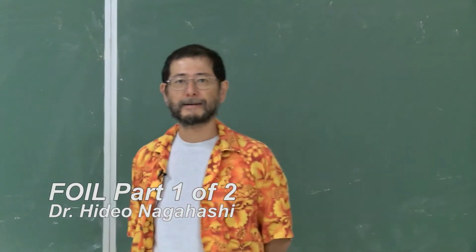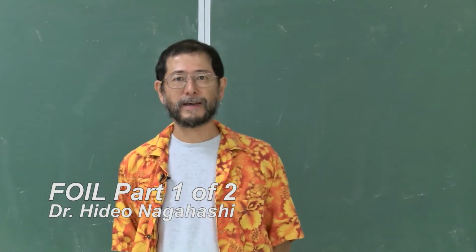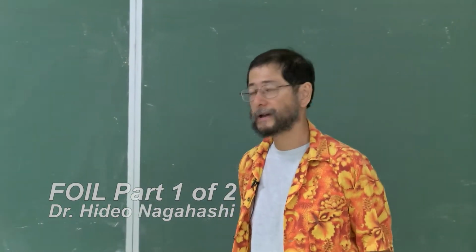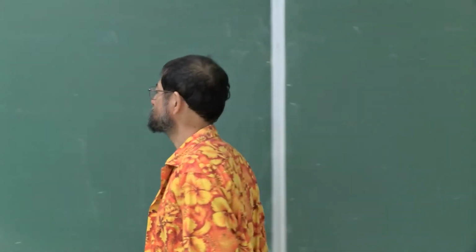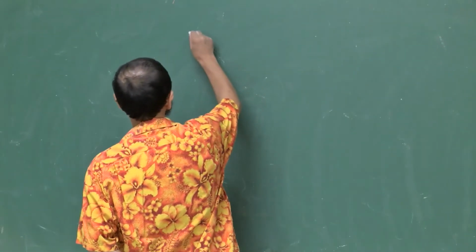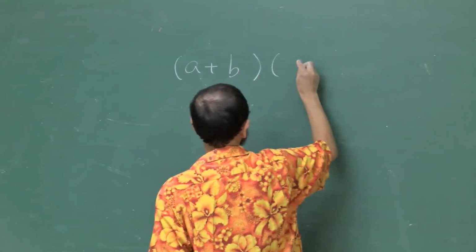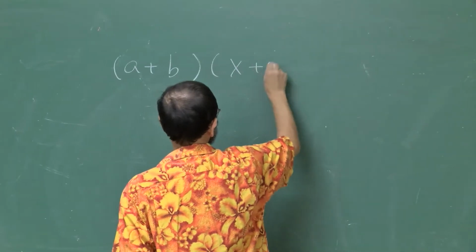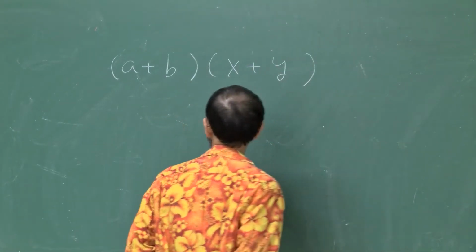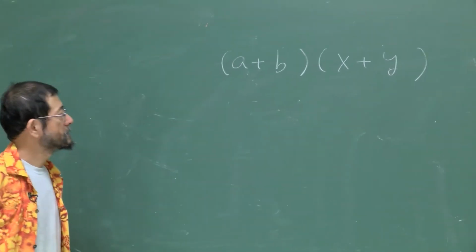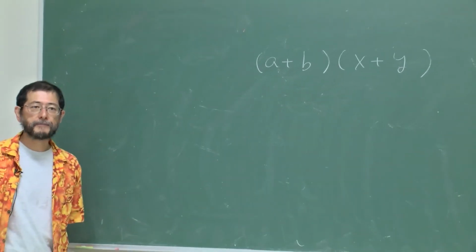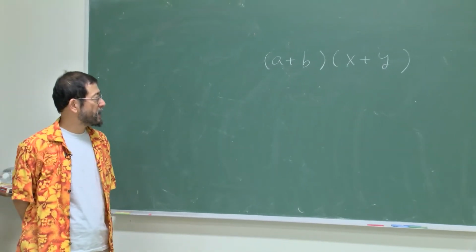Hi. I want to introduce today how to multiply two binomials. So for example, you have a quantity a plus b and x plus y.